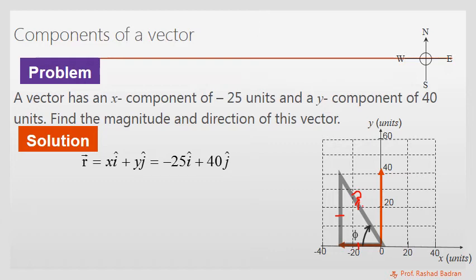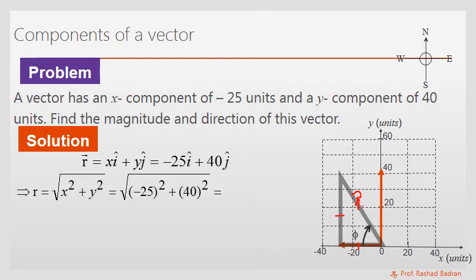Now, first, let's determine the magnitude of the vector using the Pythagorean theorem. R equals the square root of x squared plus y squared. Write down the values of x and y, and then the answer is 47.17 units. Now we can draw the vector of that magnitude in the diagram.